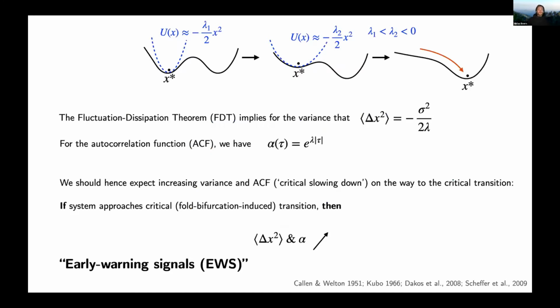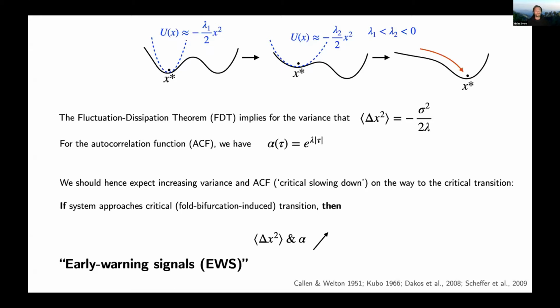A nice way to motivate the early warning signals, in terms of rising variance and autocorrelation, is just to linearize around the given stable fixed point. Then you basically see that you have an Ornstein-Uhlenbeck process locally.